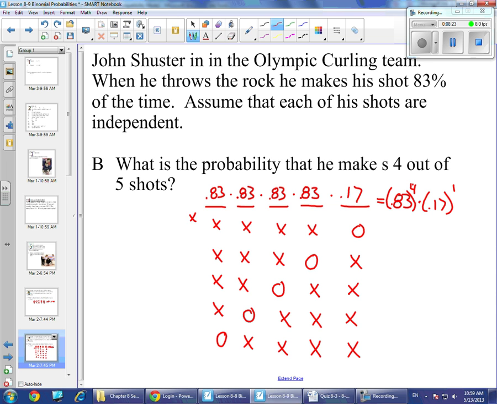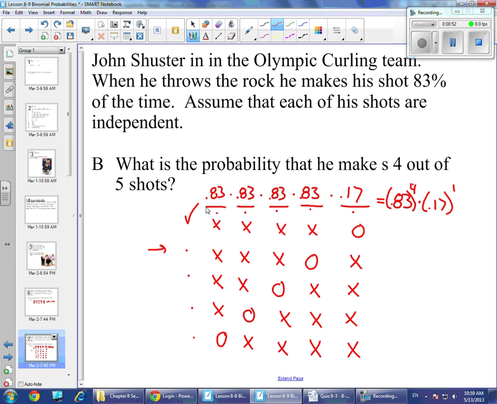Now, what's the probability for the other arrangement? What you should notice is it's going to be all the same numbers, just in a different order. The same is true for all of the other arrangements. They're all going to have four 0.83s and one 0.17 all multiplied together.